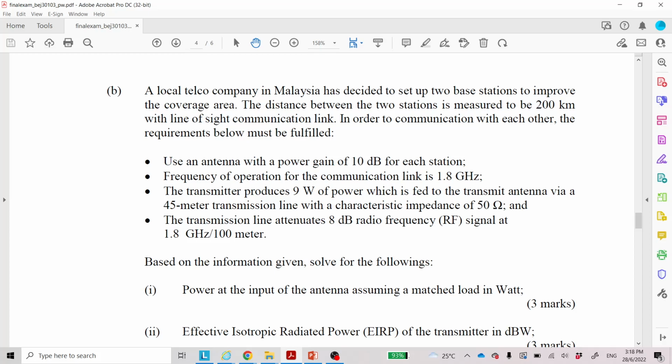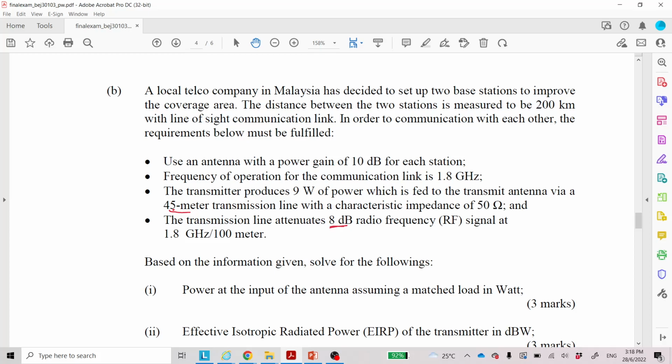Since the transmission line is only 45 meter, the attenuation LT is going to be less than 8 dB.